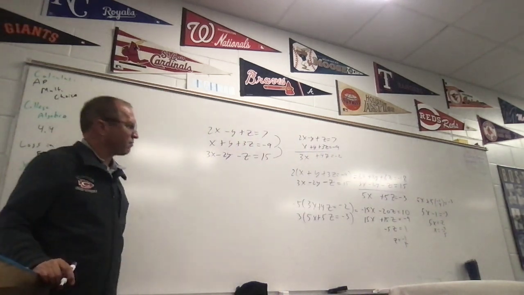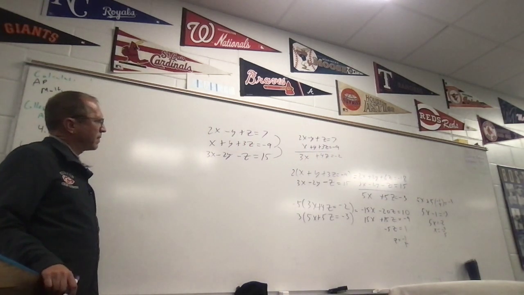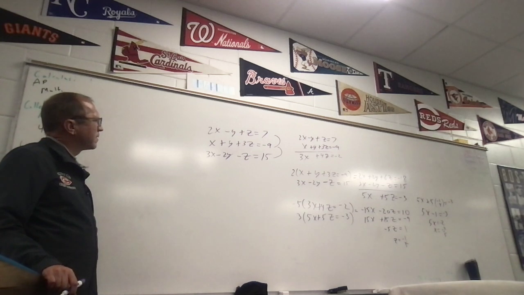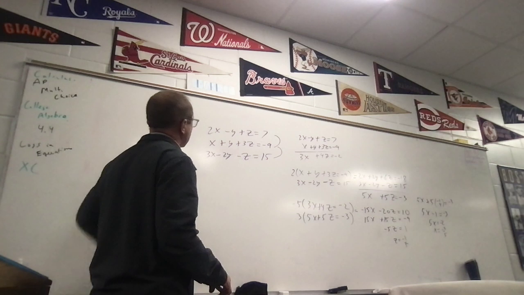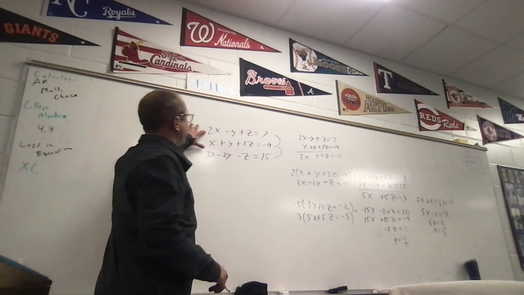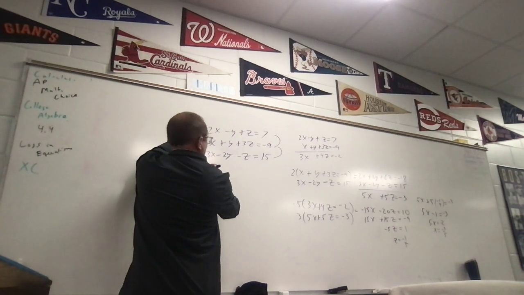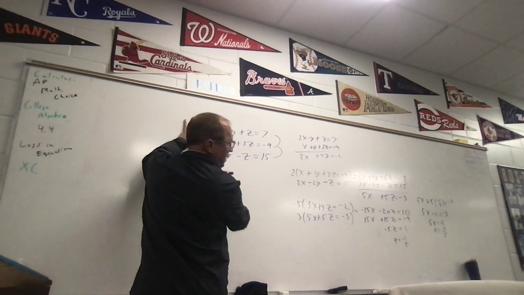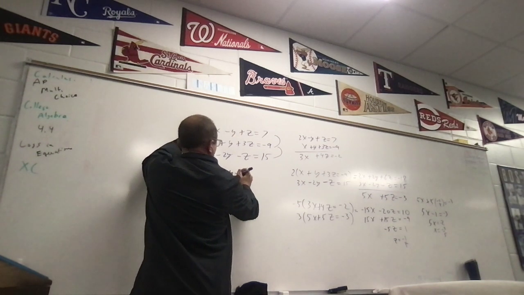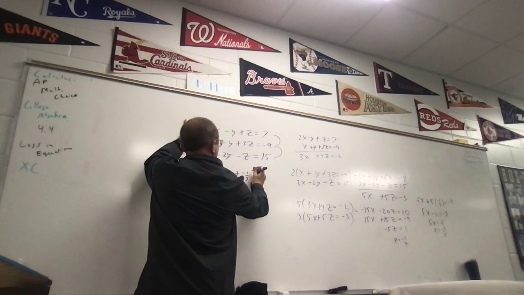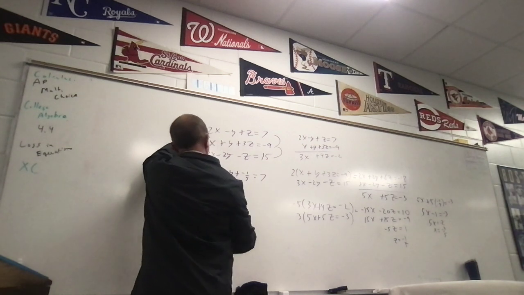So I've got my second variable solved for. So, let's just go to this top equation here. 2 times -2/5 minus y plus z, which is -1/5, equals 7.